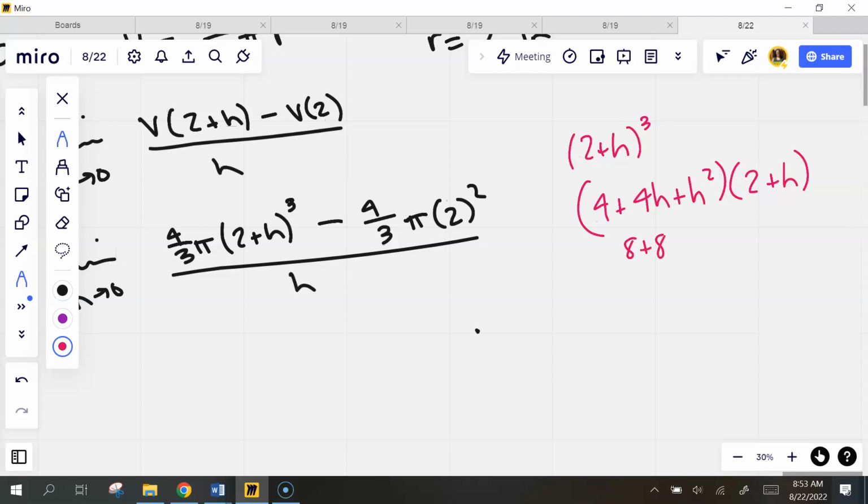So double everything and then give everybody an h. h cubed plus 6h squared plus 12h plus 8.